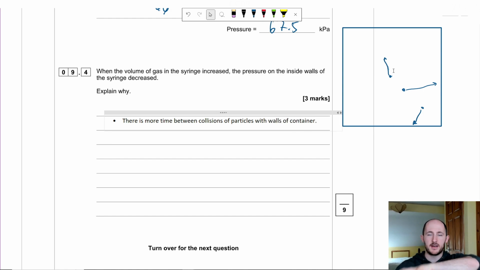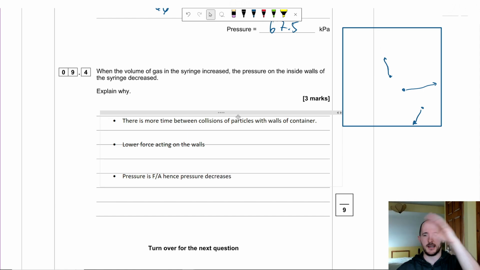Because think about it, they're traveling a longer distance to hit the wall. This means there is a lower force acting on the walls. Pressure is force over area, hence pressure decreases. So the idea is, because we're hitting the walls less frequently, there's a lower force acting on the walls, which means the pressure is also decreased.